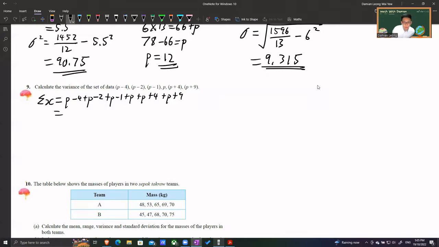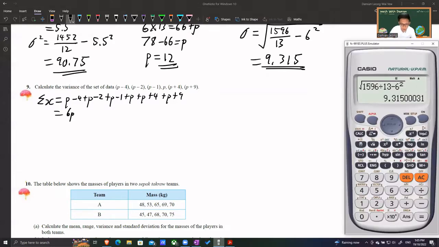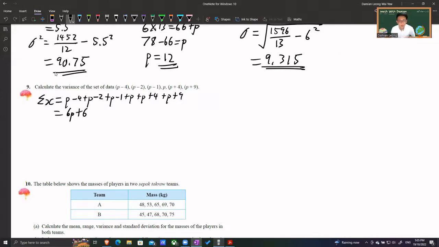So there's 1, 2, 3, 4, 5, 6, 6p. So 6p minus 4 minus 2 minus 1 plus 4 plus 9, which is 6. So plus 6. There's 6 values here. So if I find the mean, 6p plus 6 over 6, which is p plus 1.